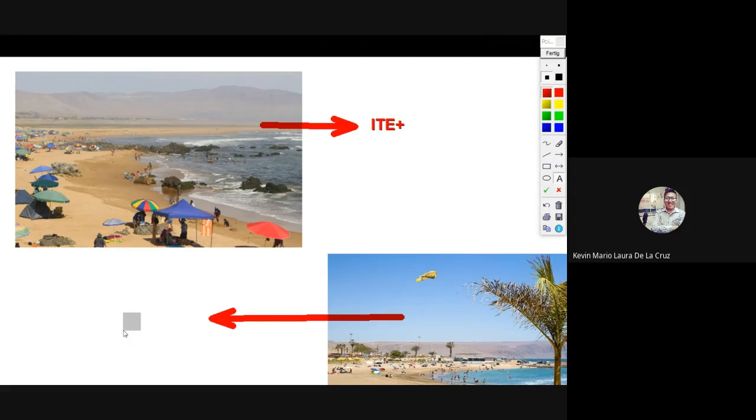Okay, so write about it. Write your sentences using what I told you. Hagan sus oraciones usando lo que he comentado, ¿no? El adjetivo it's o it's not y el verbo acompañado para sustentar su opinión, su idea, su recomendación, ¿no? Which beach do you recommend to visit for me? Right. Por ejemplo, ¿qué playa me recomiendas visitar?